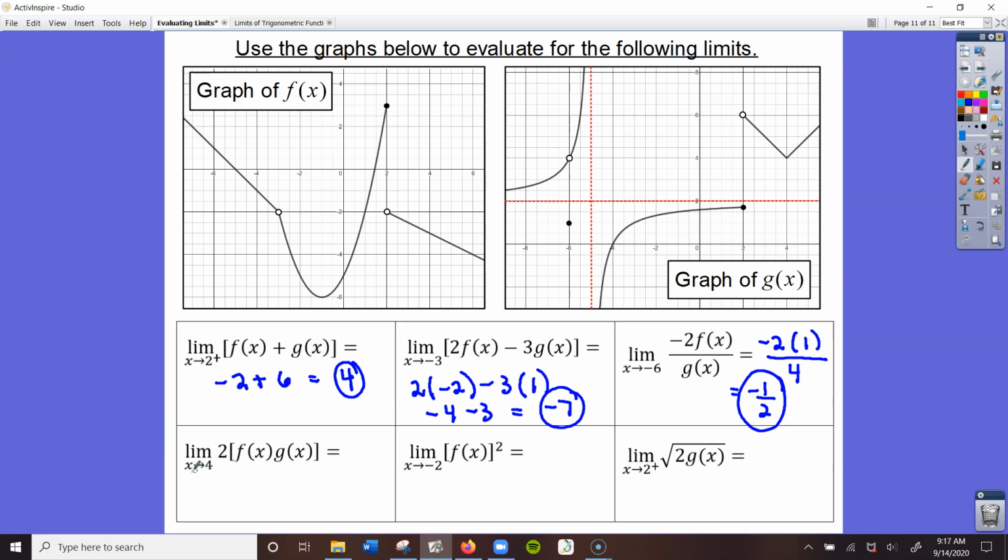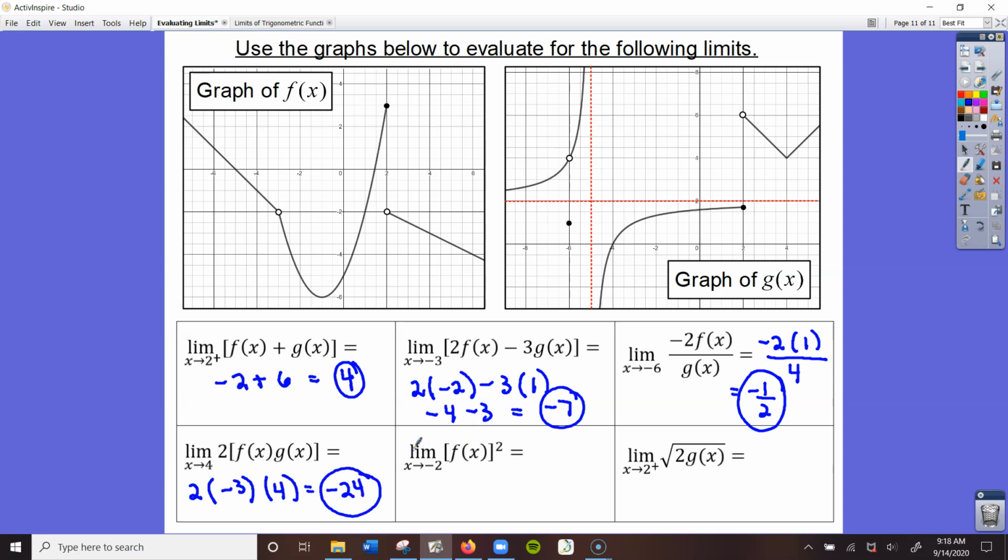Over here, we have the limit as x is approaching 4 of 2 f of x times g of x. So I have 2. I'm going to find the limit as x is approaching 4 for f of x, which is negative 3, times the limit as x is approaching 4 of g of x, which is 4. 2 times negative 3 is negative 6, times 4 is negative 24.